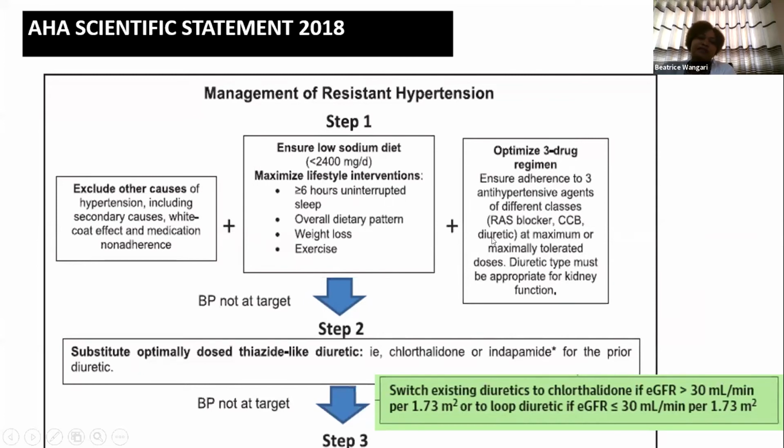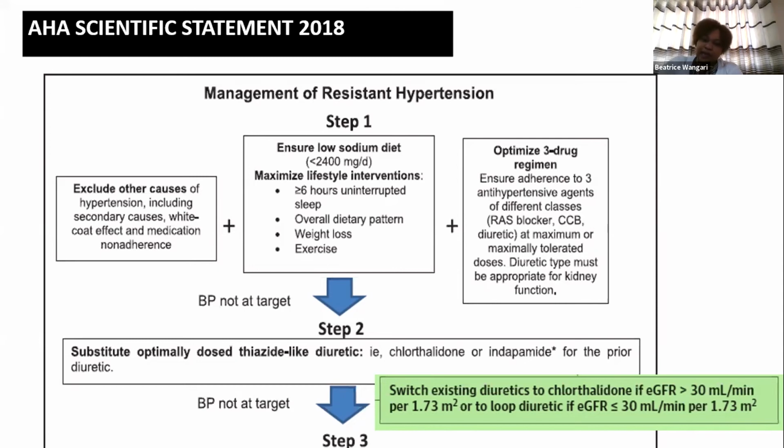If you have done this and the patient's blood pressures are still not at target, then according to the American Heart Association scientific statement on resistant hypertension, the next step is usually advised that you add the long-acting thiazide diuretic or thiazide-type diuretic. Chlorthalidone and indapamide are the ones which are recommended.